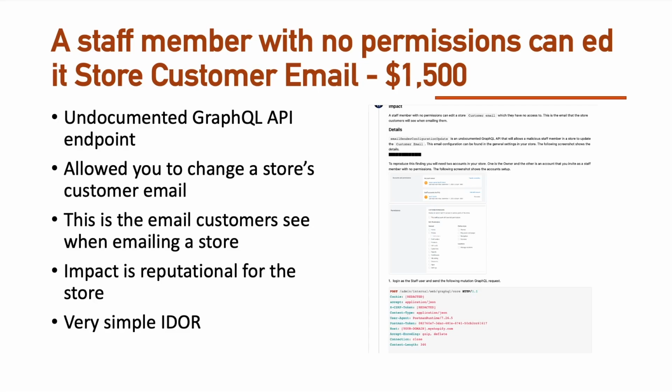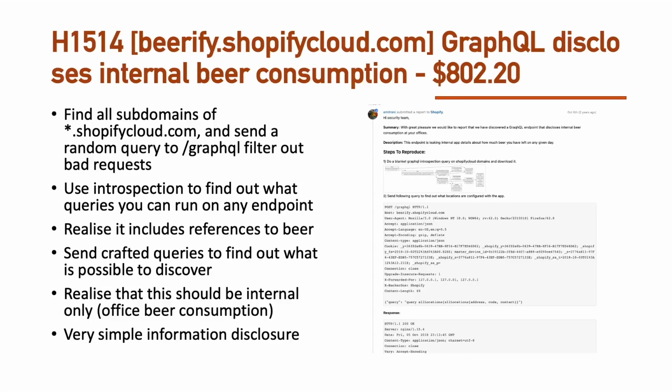And it's a really simple IDOR. There's nothing really special about that. It was one query where they put the right parameters in, and they weren't logged in. And that's all it took for them to get $1,500.